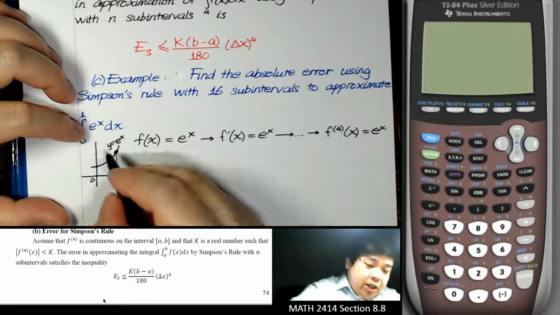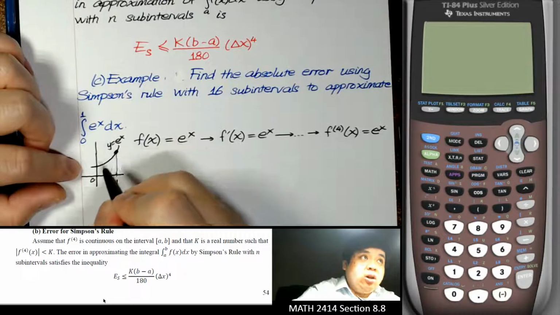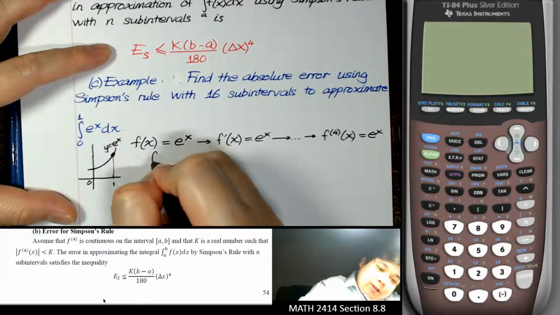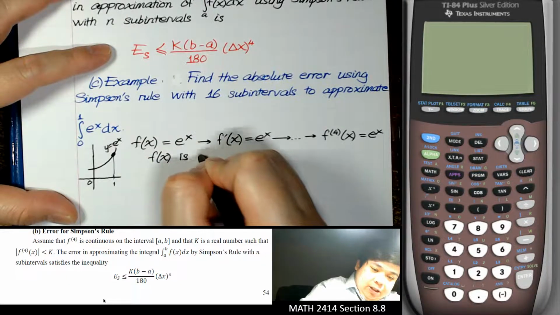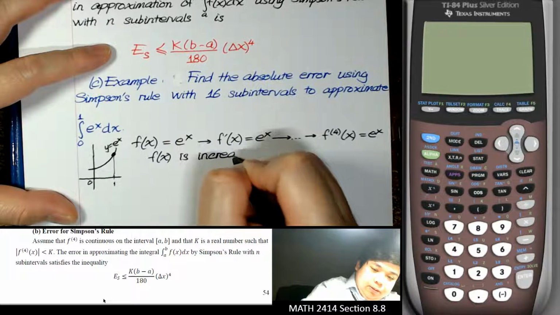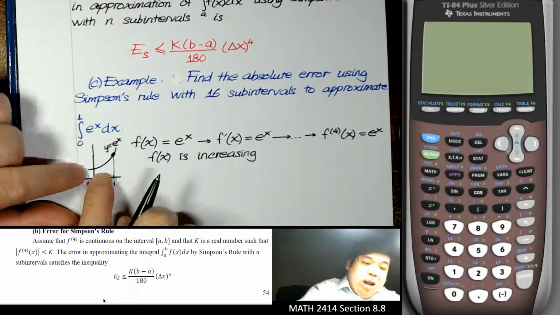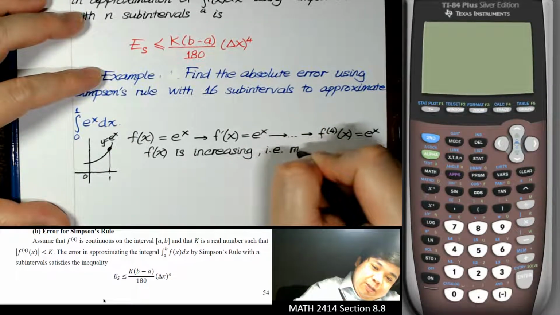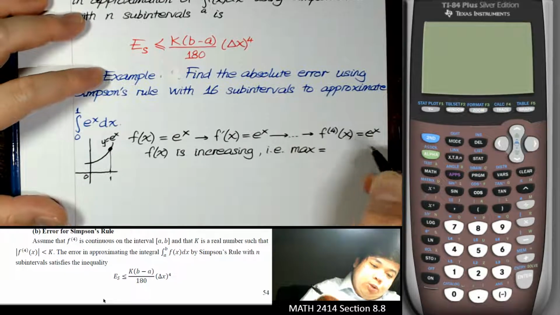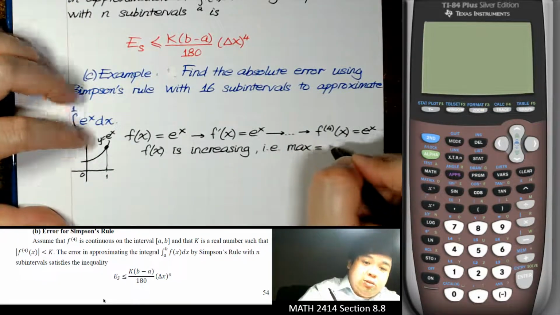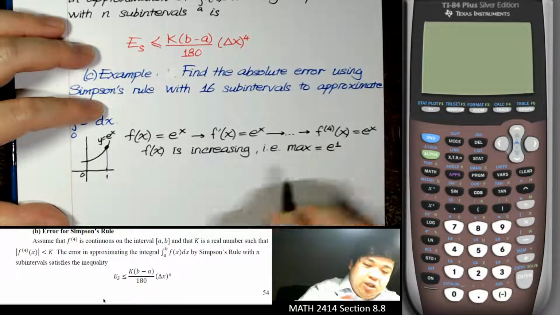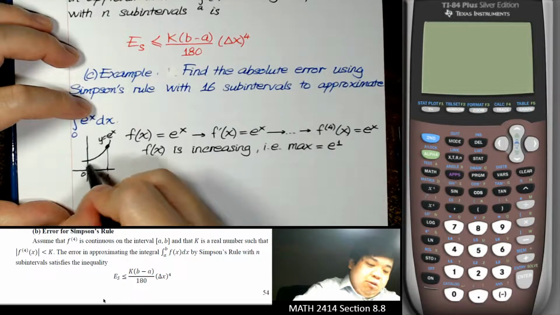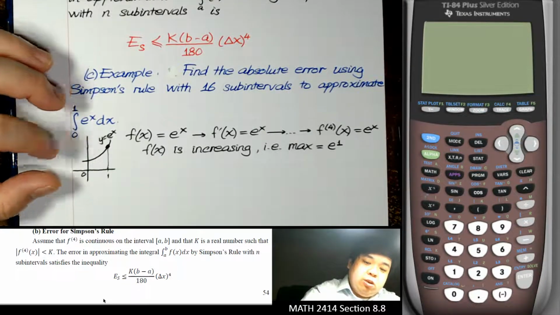So obviously e to the x is an increasing function, so the maximum will be at the endpoint on the right. The maximum is equal to whatever at the endpoint, which is e to the first. If the function goes like this, the maximum is at the endpoint.